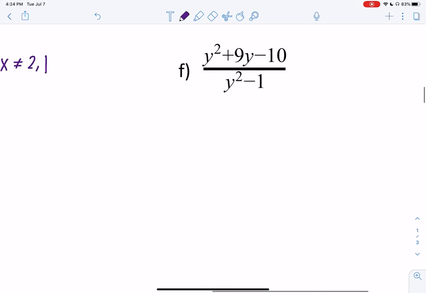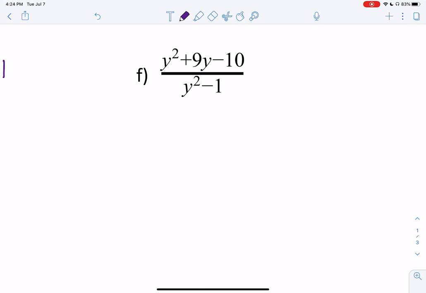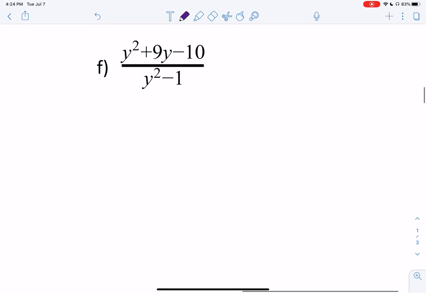Okay, next one here is y squared plus 9y minus 10 all over y squared minus 1. So right now it's a little tricky to find our restrictions right away, so let's get to factoring.